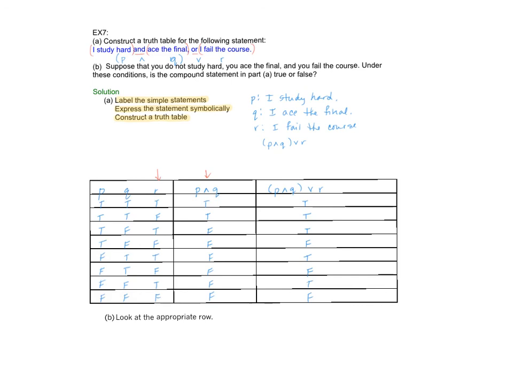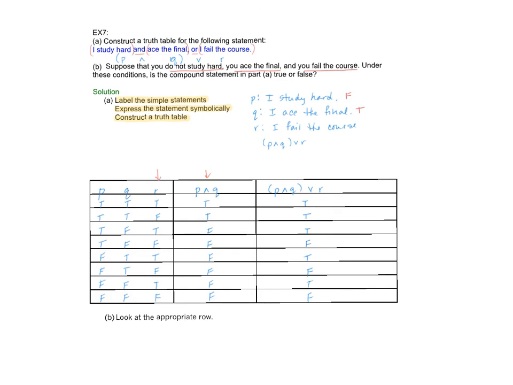Now part B says, suppose that you do not study hard, you ace the final, and you fail the course. Under these conditions, is the compound statement in part A true or false? Okay, so that means we're looking for a particular row. If you do not study hard, then I study hard is false. You ace the final, I ace the final is true.